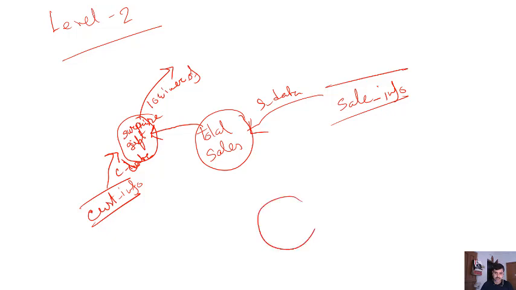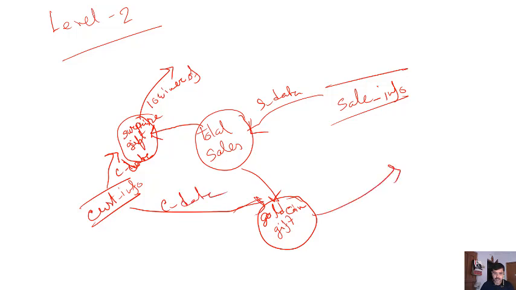There is another process, that is the gold coin gift. It takes data from the total sales and the customer info, that is C data, and it gives the names of the winners greater than 10,000.